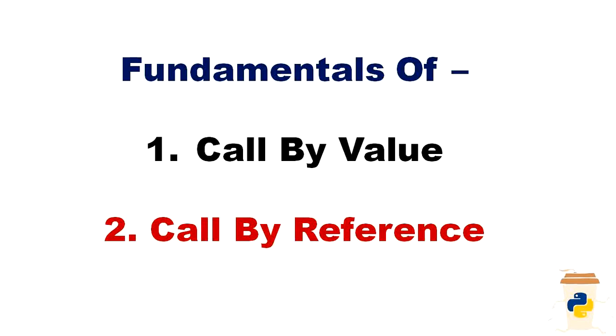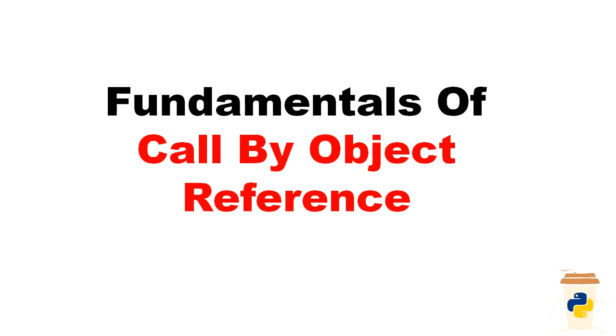Now that brings us to the all-important discussion on call by object reference. Many of you might have come across the call by reference and call by value methods of function calling. But if you are a newbie in the world of Python, then probably the term call by object reference is new to you.